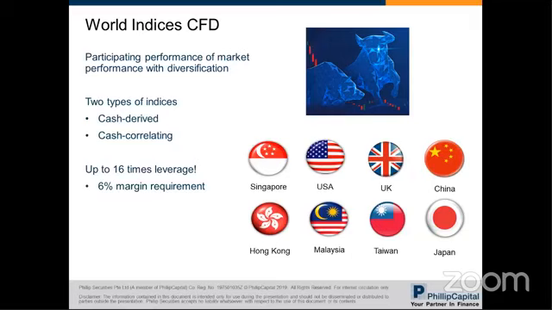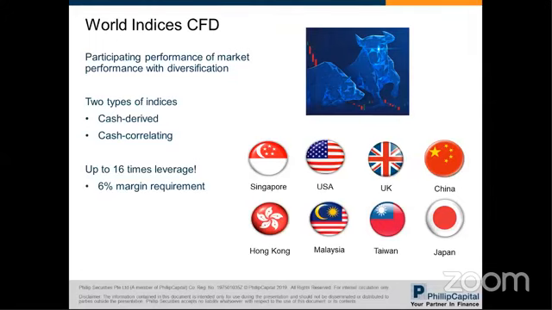Whereas with cash correlating, the performance of our products for the indices is highly correlated with the index that we're trying to match. We use a correlation, so it won't match 100%, but it's quite highly correlated. We give you up to 16 times leverage.